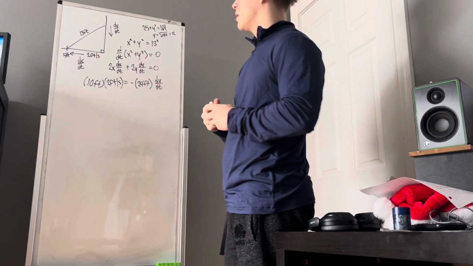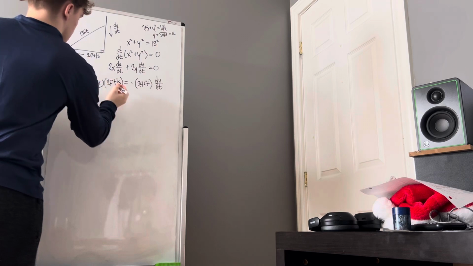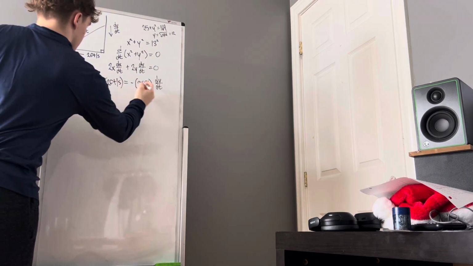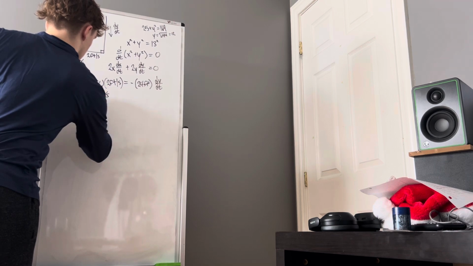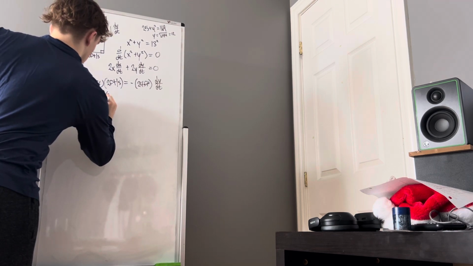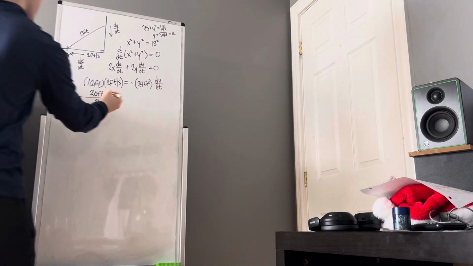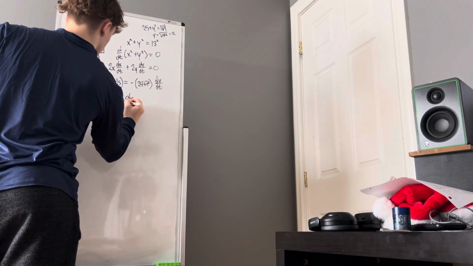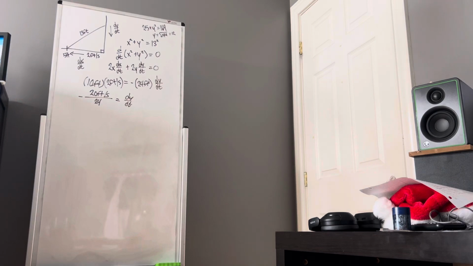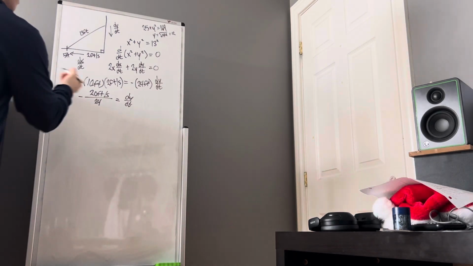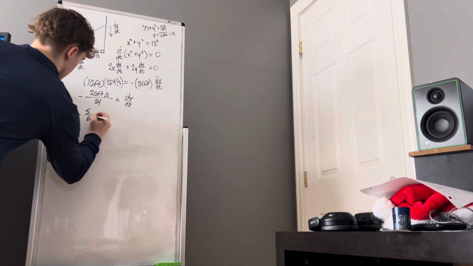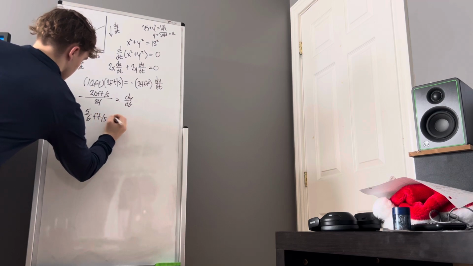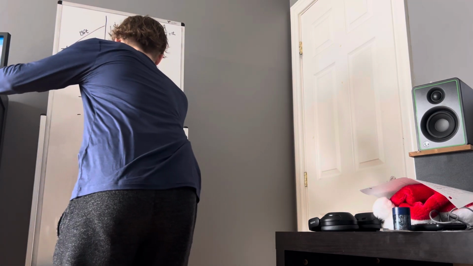Now, we're going to cancel our feet here. We get 20 feet per second divided by negative 24, this is all negative, equals dy/dt. If we divide by 4 here, this is equal to negative 5 over 6 feet per second is dy/dt.